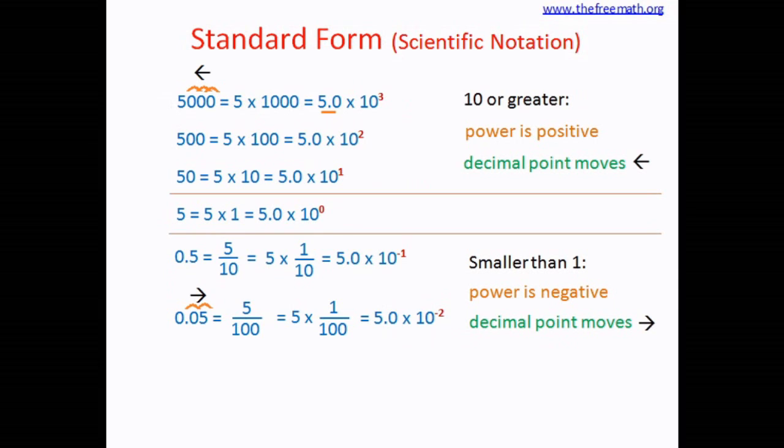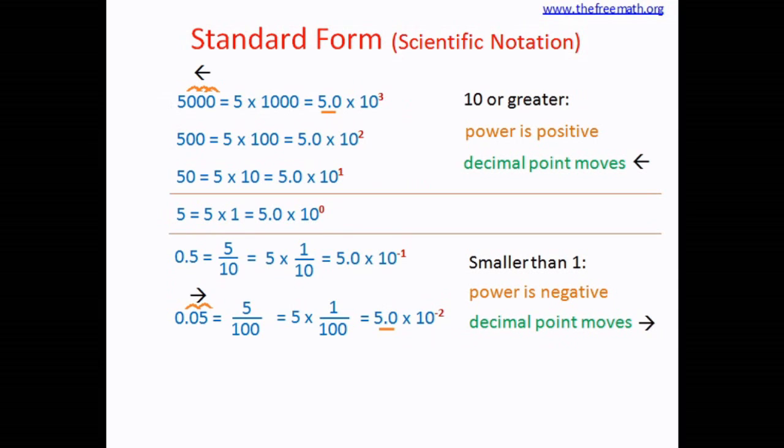It has hopped over 0 and 5, and now it is after 5. So if the number is smaller than 1, the power is always negative and the decimal point moves to the right. So the first part is when the number is greater than 10, and the last part is when the number is smaller than 1.